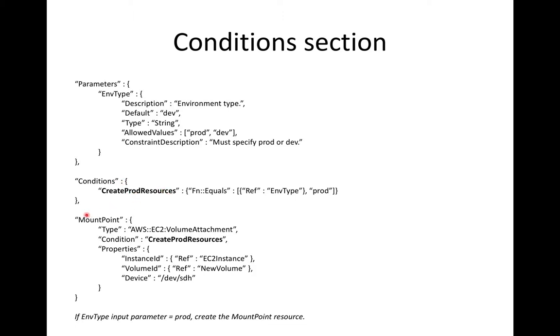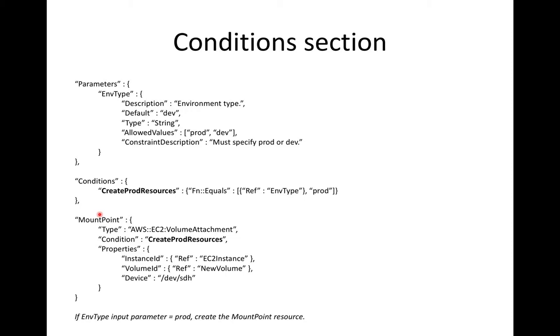Then down in the resources section of our document, we have a resource called MountPoint. And this MountPoint resource has a Condition property associated with it. And the Condition property references this CreateProdResources condition. If CreateProdResources evaluates to true, then CloudFormation will create this resource.